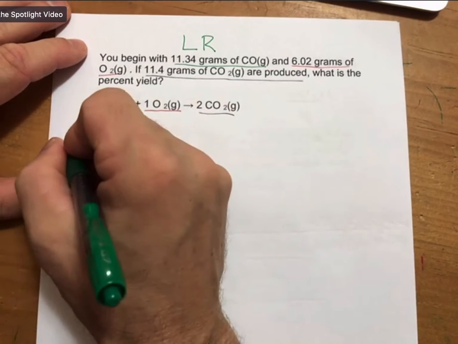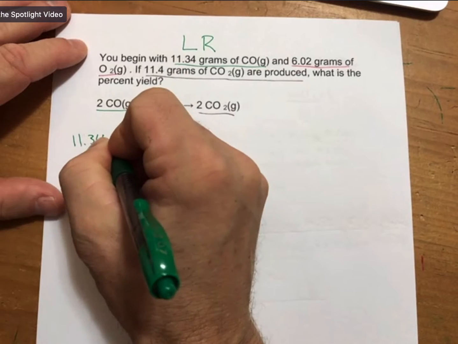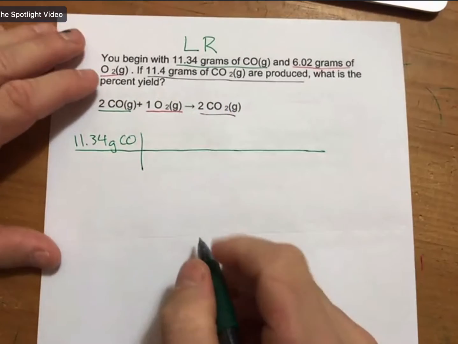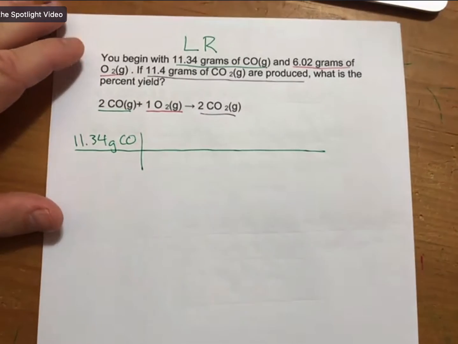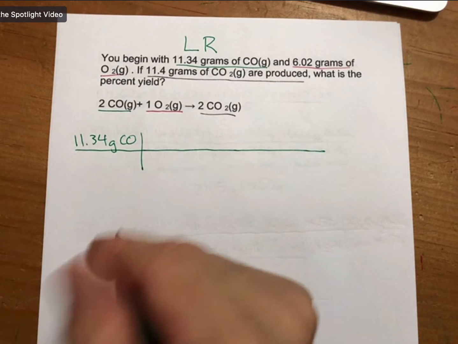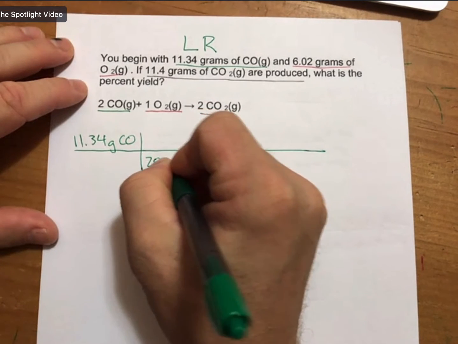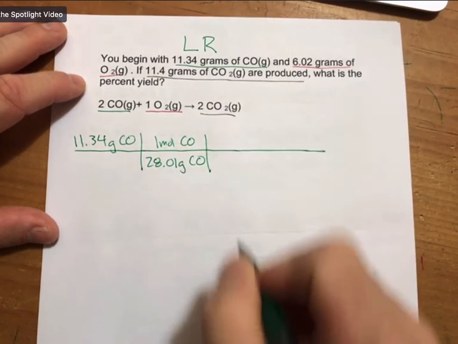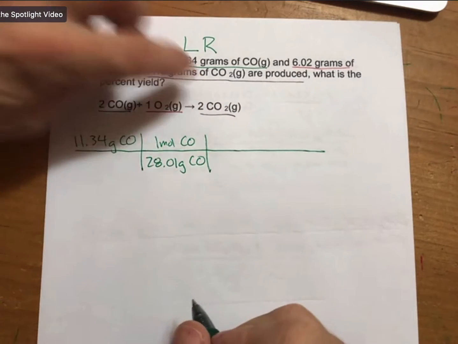We have 11.34 grams of carbon monoxide. Same setup. Carbon monoxide, 12.01 for carbon, so that's going to be 28.01 grams per mole. Then it's 2 to 2.